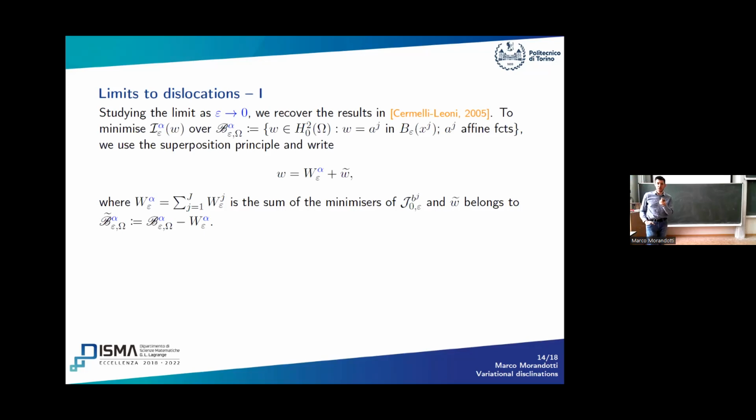And in order to do this, we need to bring to the limit as epsilon goes to 0 the minimizers that we found before. So again, we divided into two parts, the plastic part and the elastic part. And in a way, the plastic part is the one that comes from the presence of the defect, which, as I showed you before, can be written explicitly. And the elastic part, W tilde, the small W tilde here, is an unknown, and it would come out of a minimization process.